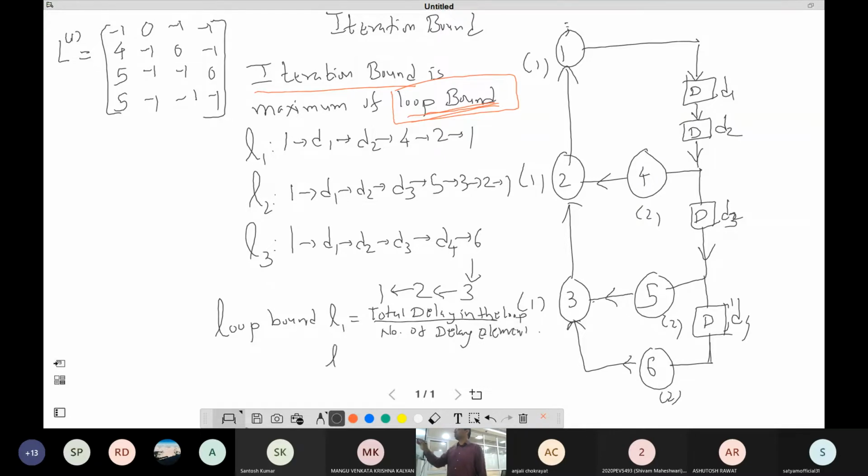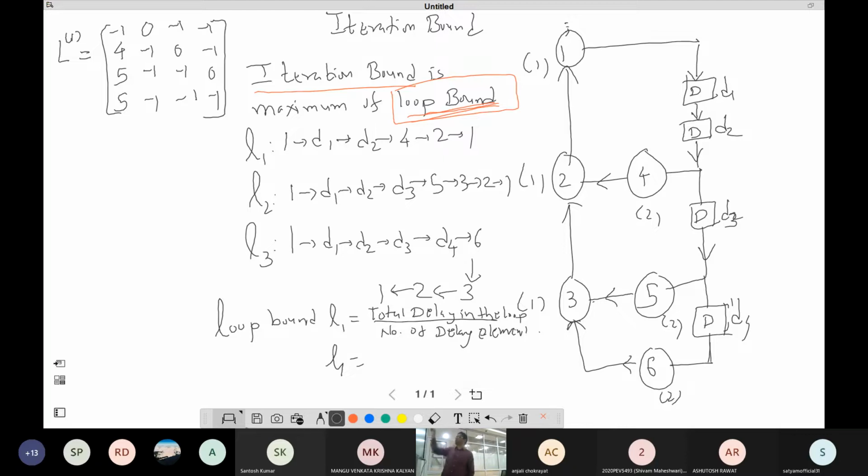Okay. So for L1, what is the total delay? Delay means execution delay. Execution delay will be applicable to my node. So if I consider the total delay in loop L1, what is the delay?